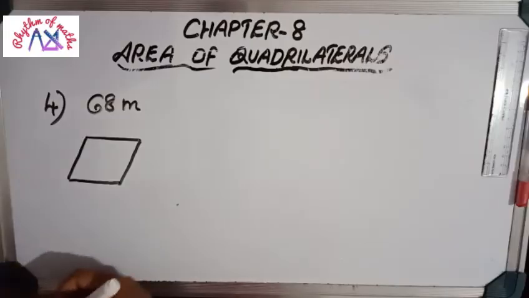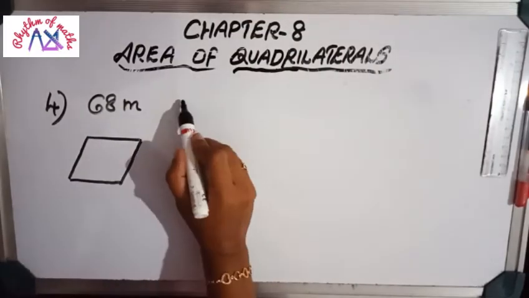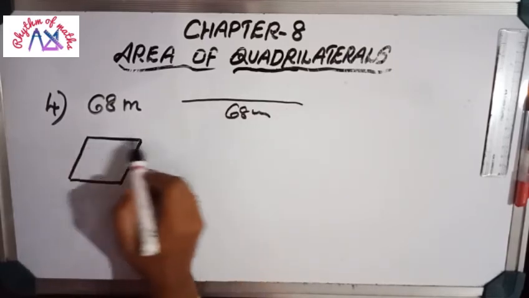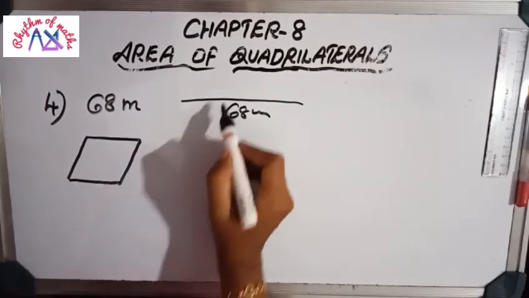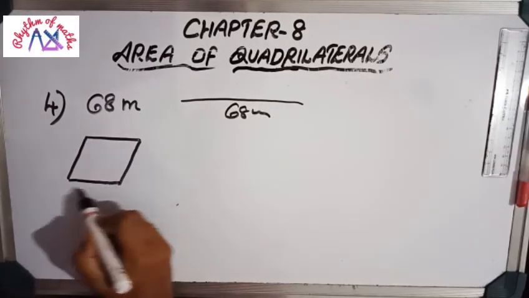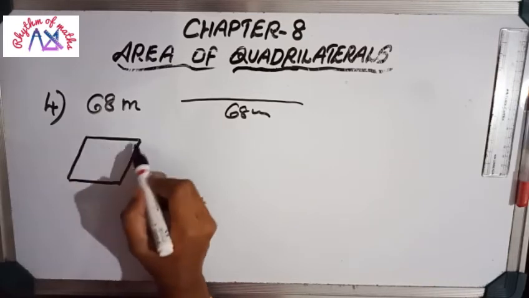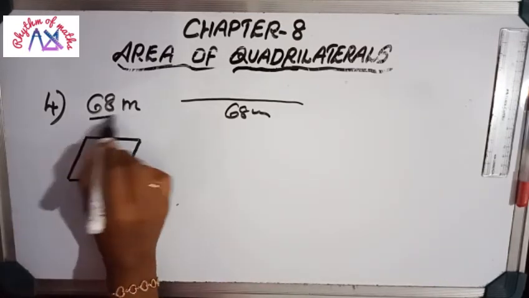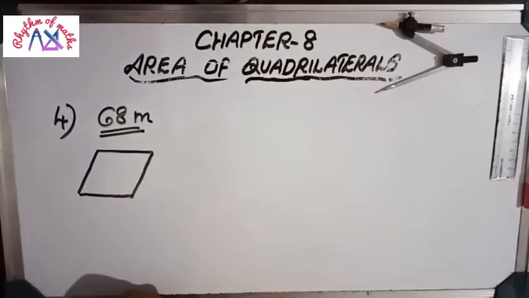In this question, a 68 centimeter long rope is used to make a rhombus on the ground. By bending and stretching, a rhombus is created. So after creating this rhombus, the perimeter of this rhombus, that means the sum of all the four sides, will be same as 68. From that we can find one side of this rhombus.